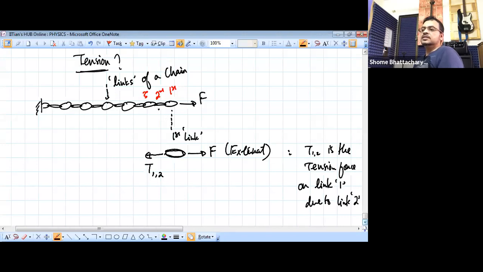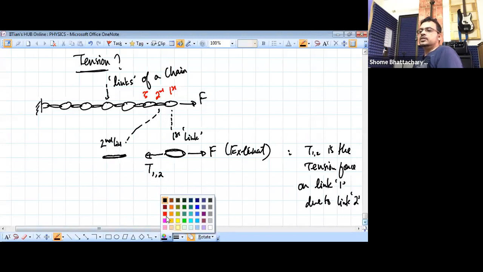Now similarly, you make the second one's diagram here. So this is now the second link, which is looking like this. So what is happening on the second link? The first link is pulling back with equal and opposite force. This is T21.